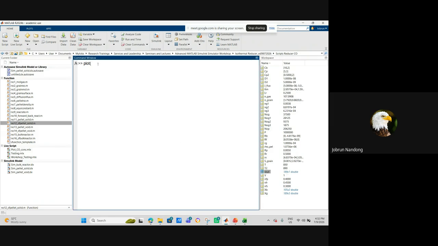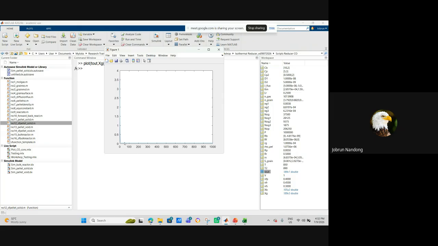So let's say we want to plot tout versus train number 1, xg, for all time. Enter, so you can plot this. Actually that one changed a lot, very fast. This is 1000 seconds.